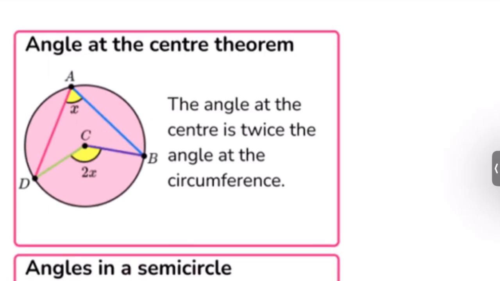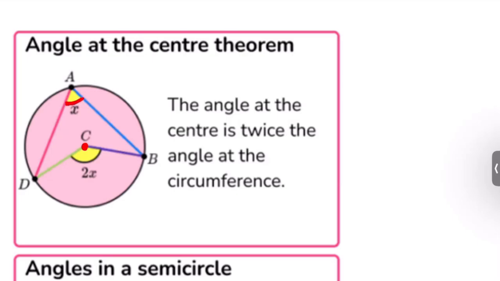This rule basically says that the angle at the center is twice the angle at the circumference. Don't get them the opposite way around. The angle at the center, which is this red angle that I've drawn, will be double the angle here at the circumference.